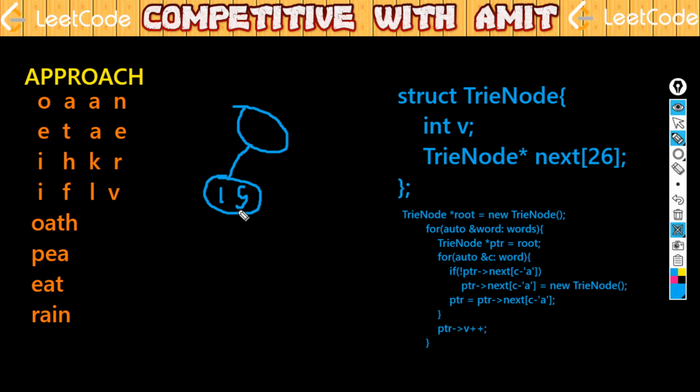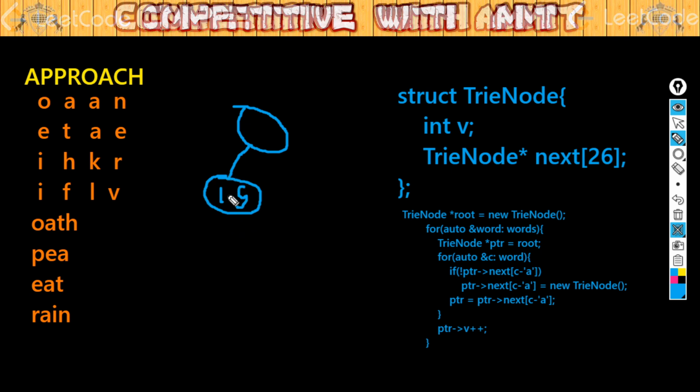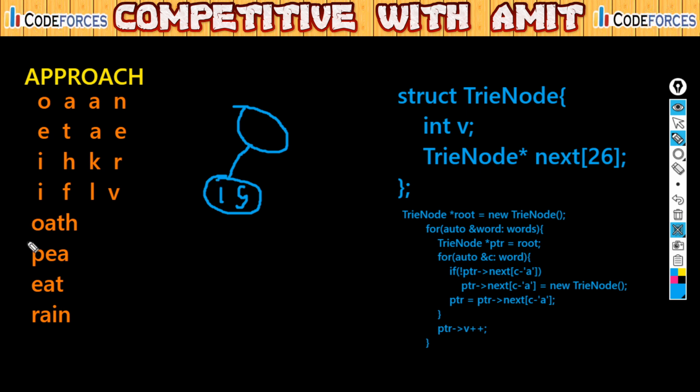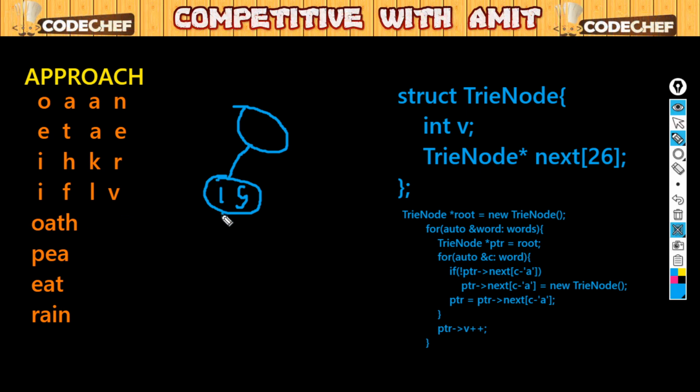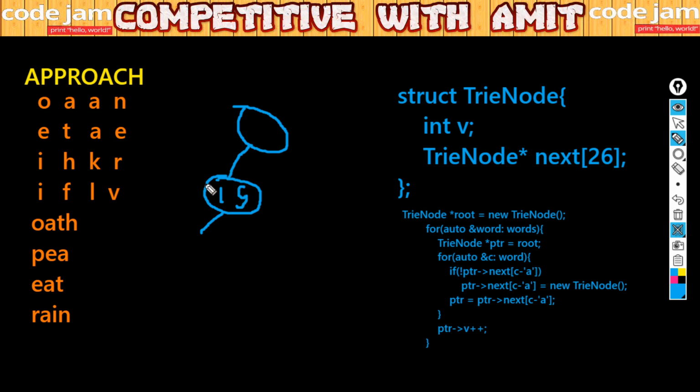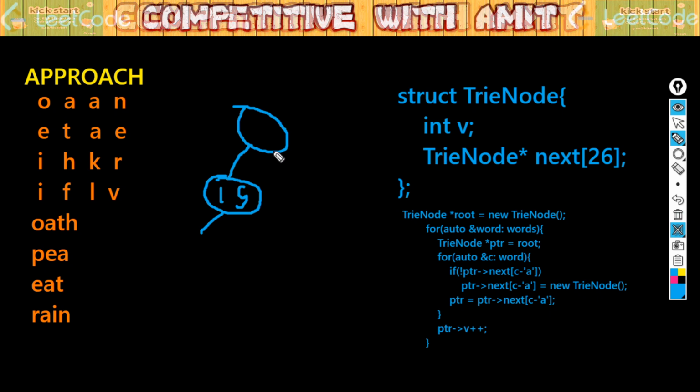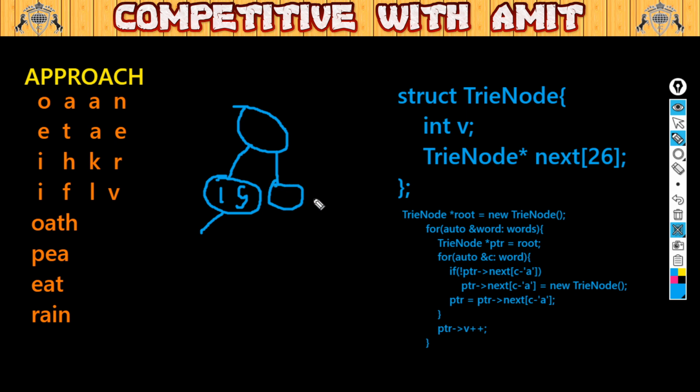If the value is not null, we will take this as a root. We will consider this as a root now, because we found this O here. If we do not find this 15, then we will create it, and we will initialize one more variable.